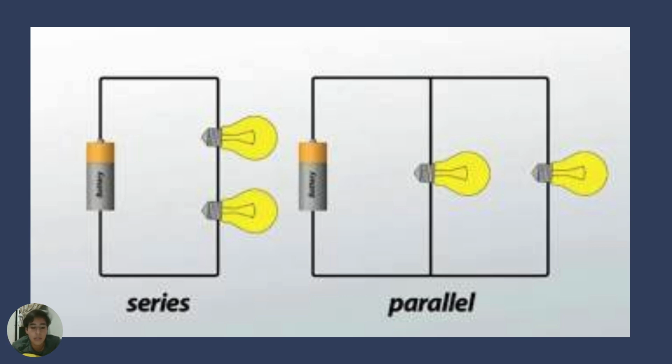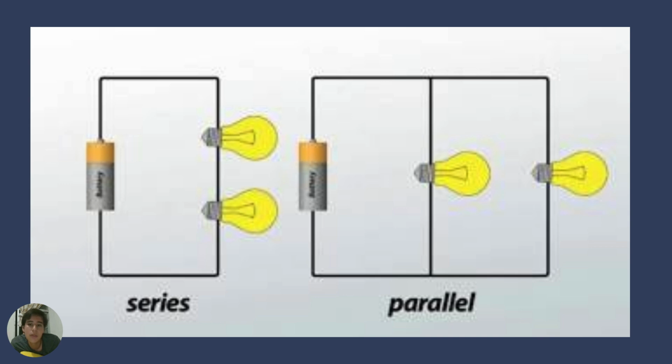These are the two types of electric circuits, depending on how the components are organized: the parallel circuit, like in this picture, and the series circuit.